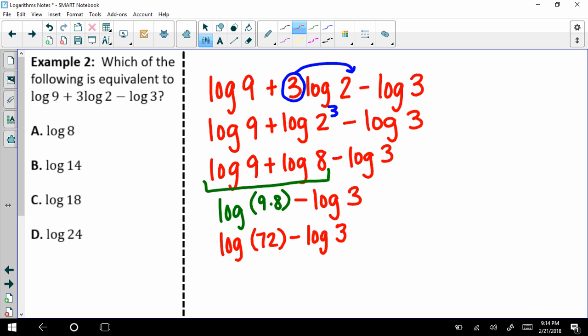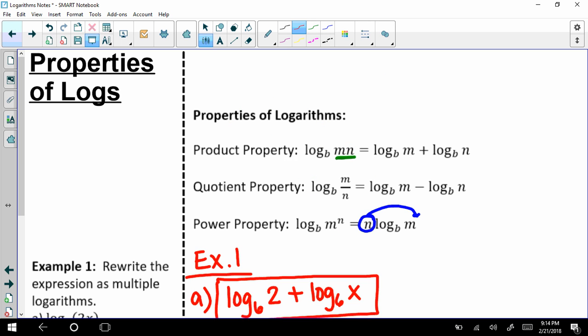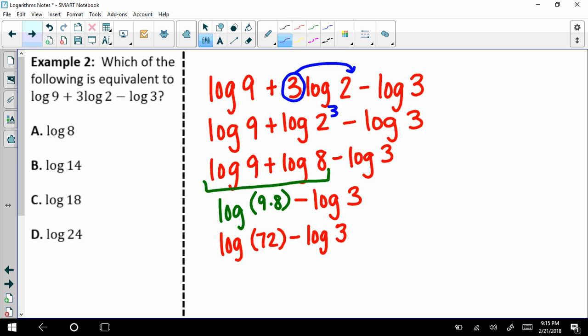Okay, now we see subtraction. So subtraction means that we are going to have division here, where wherever the minus sign lies, that's the number that's on the bottom. So if I come here, I'm going to rewrite this. This is now going to be log of 72 over 3, or 72 divided by 3, because the minus is in front of the log 3, so that means the 3 is your denominator.